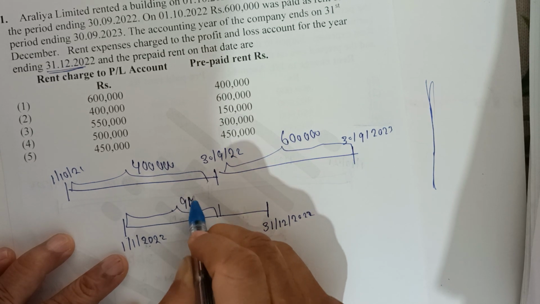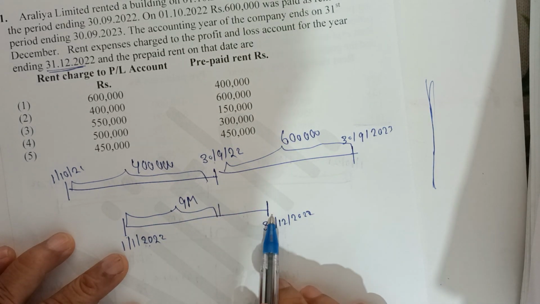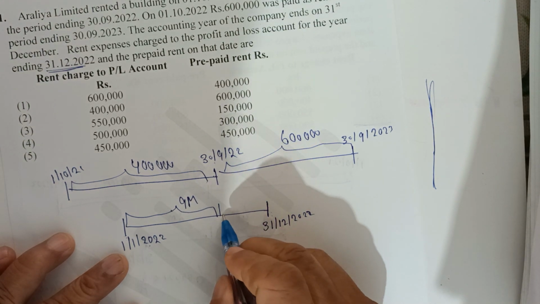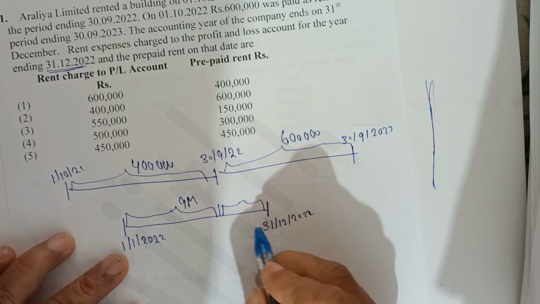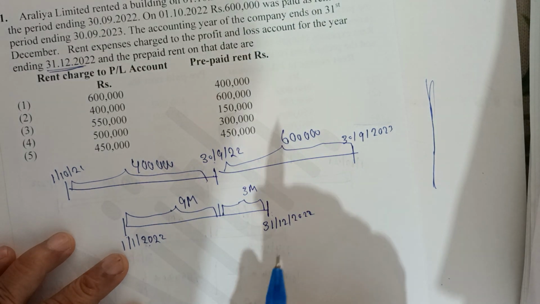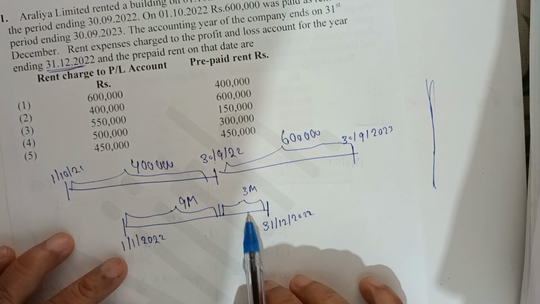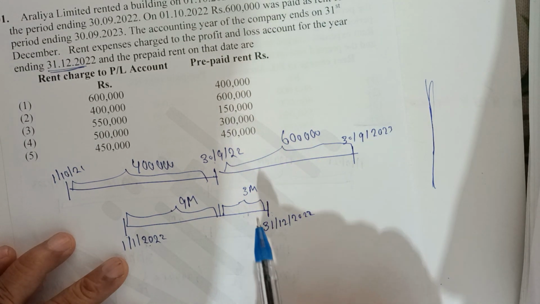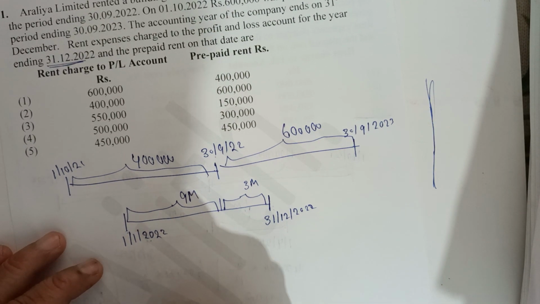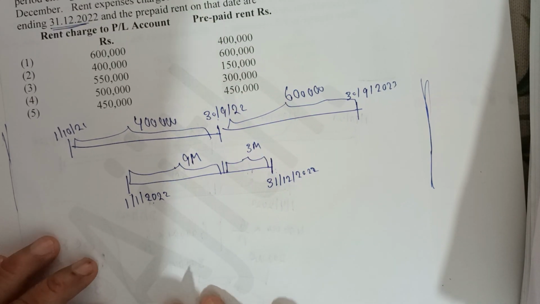For the second agreement, October, November, December: only 3 months are relevant for this financial year, and the other 9 months are not relevant. They ask for expense, so you have to apply accrual concepts.